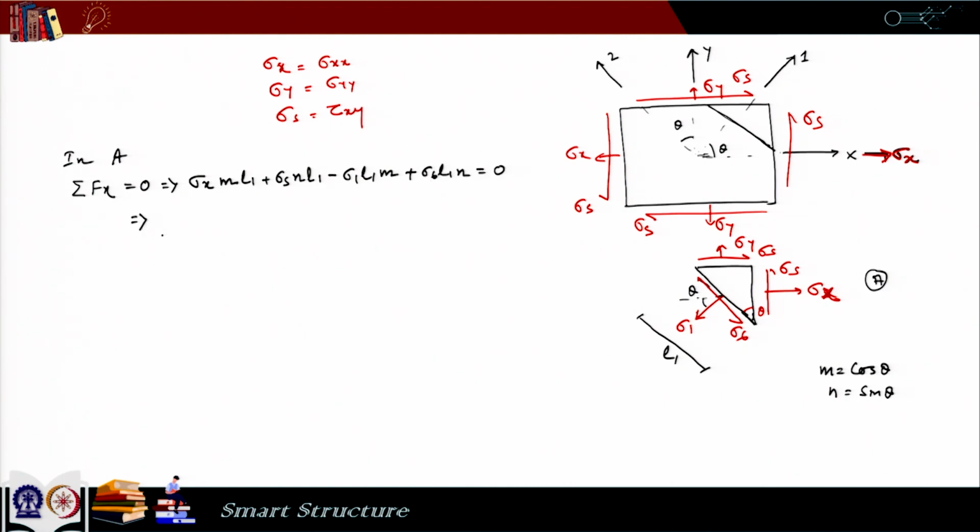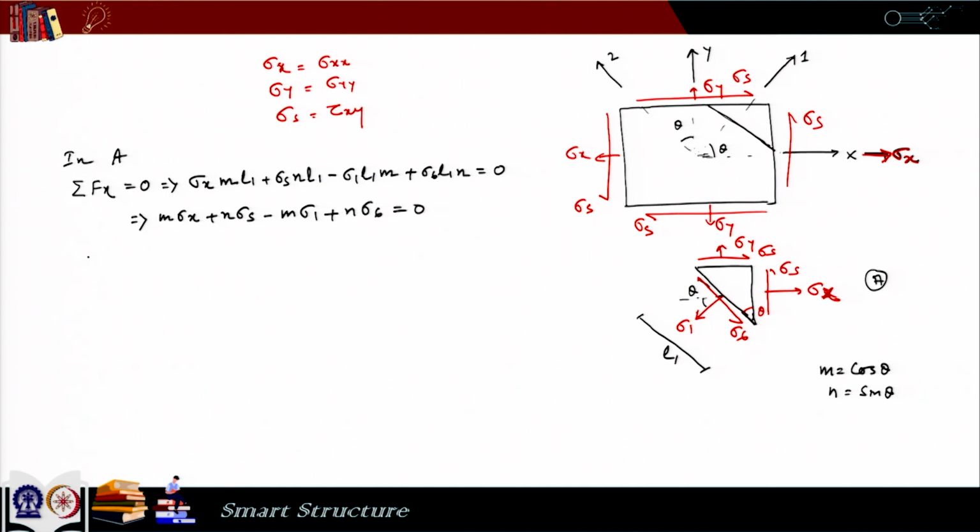Now, we can take L1 out from all the terms.